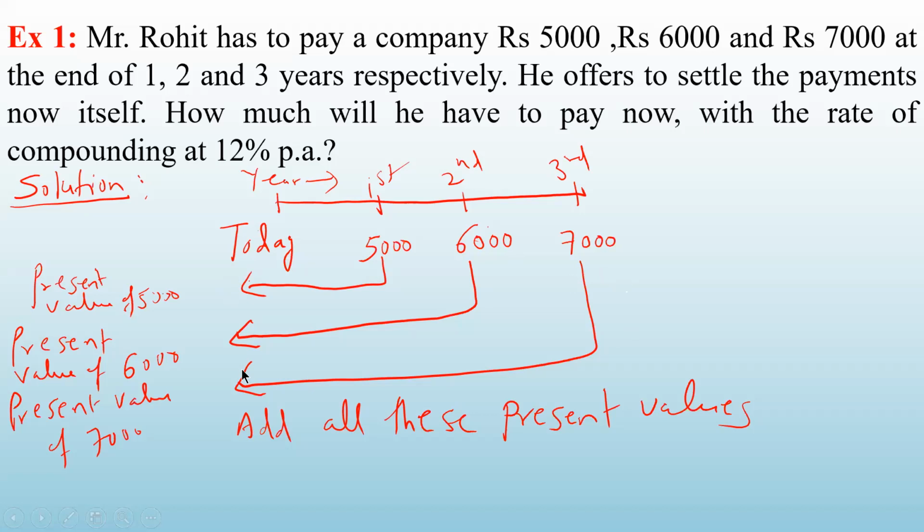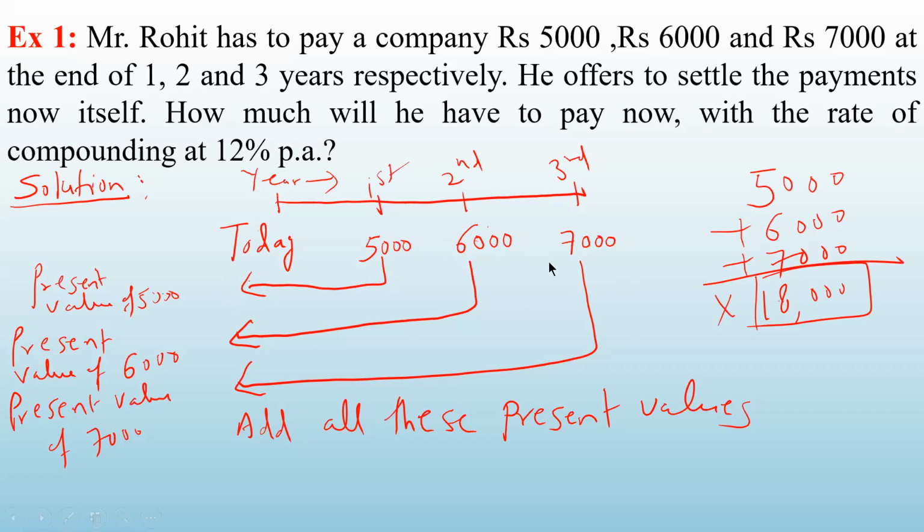Normally students get confused and say that today he will have to pay 5 plus 6 plus 7, that is 18,000 rupees today, but this is wrong, because he is settling the payment today, so he is saving on the interest. So you have to find the present value. Let us find out the present value of 5,000, 6,000 and 7,000.